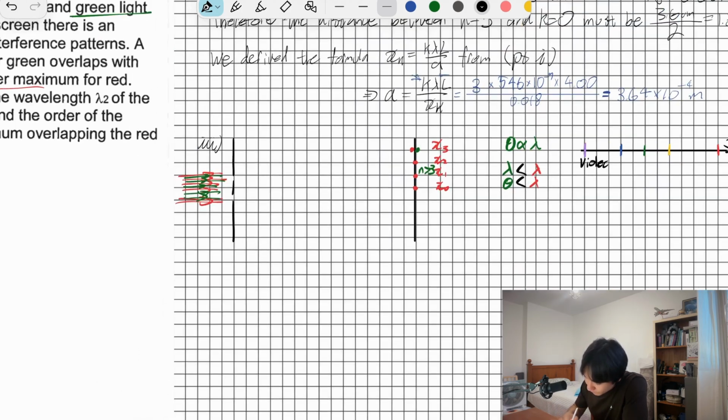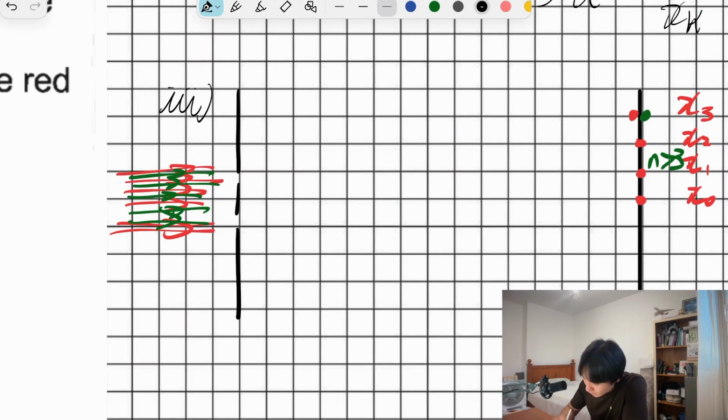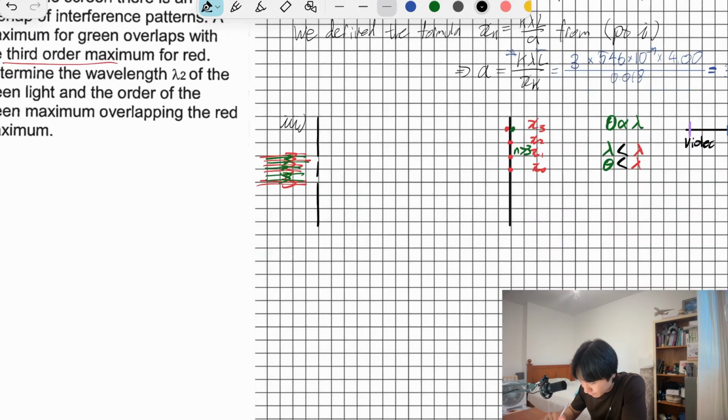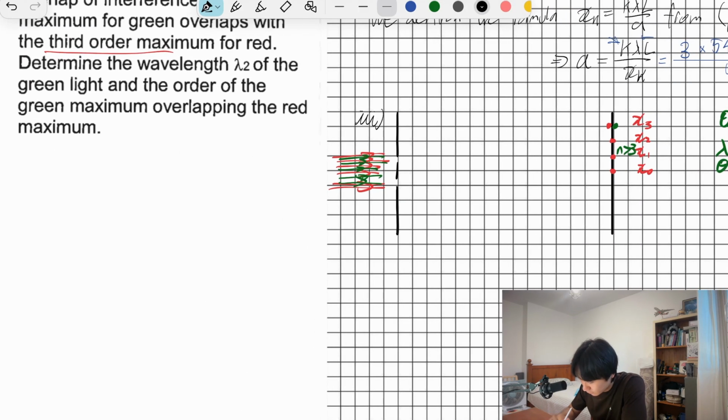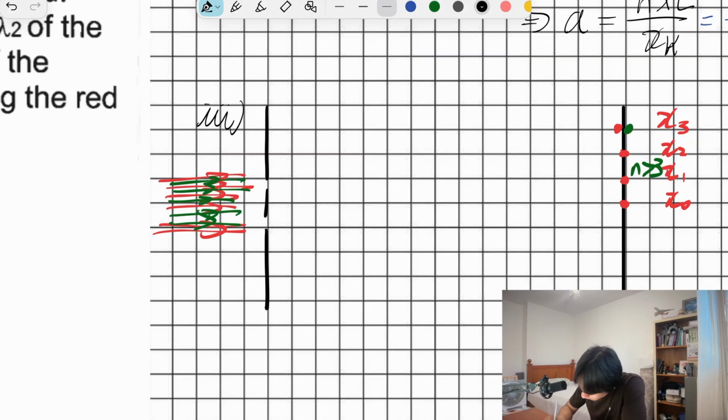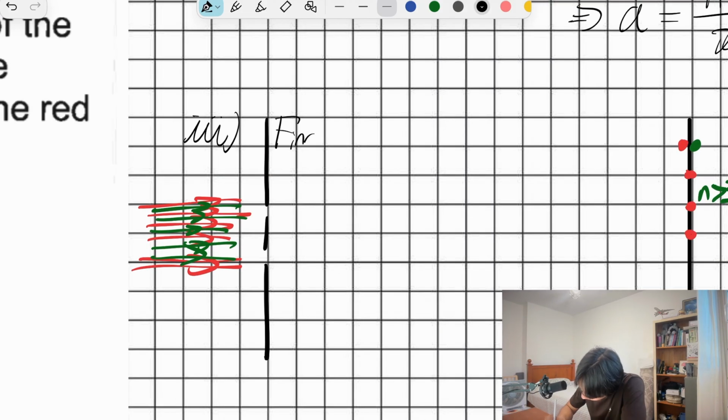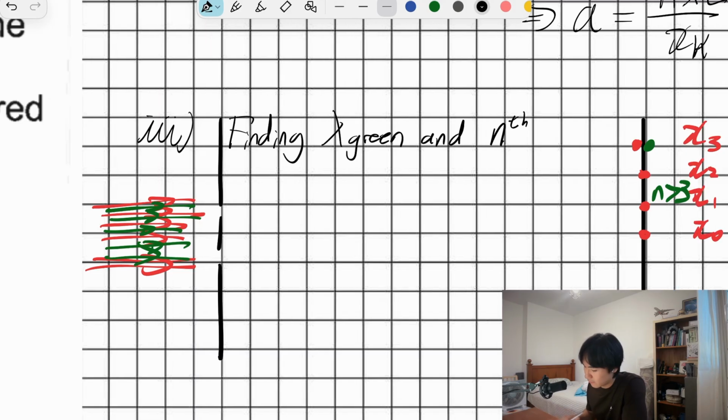So, okay, in reality, you should write here: what are we looking for? We're finding lambda green and n, right? Let's say that's just an nth value.